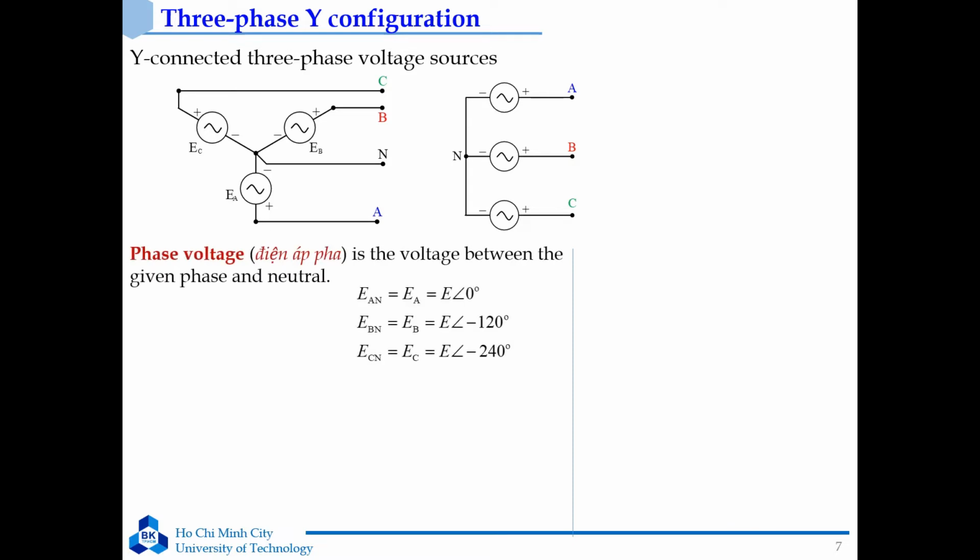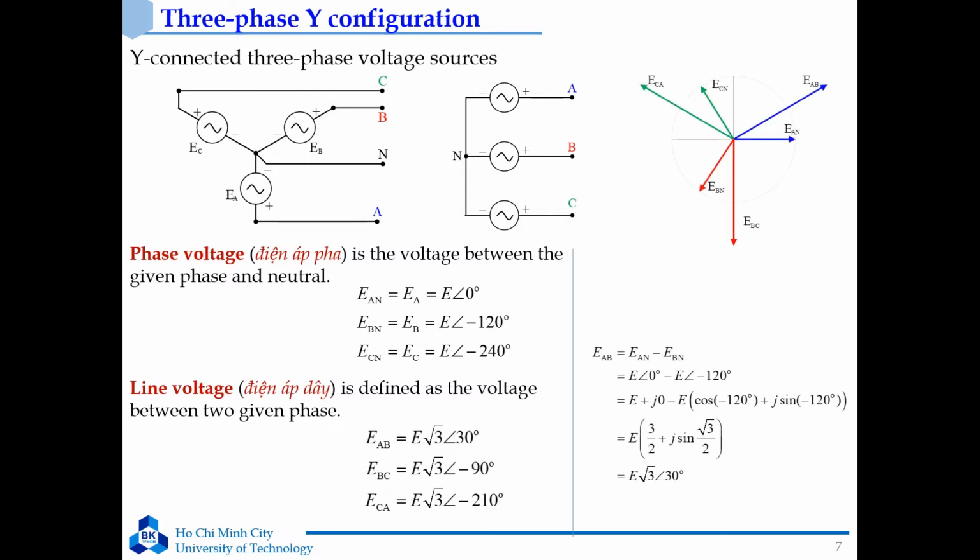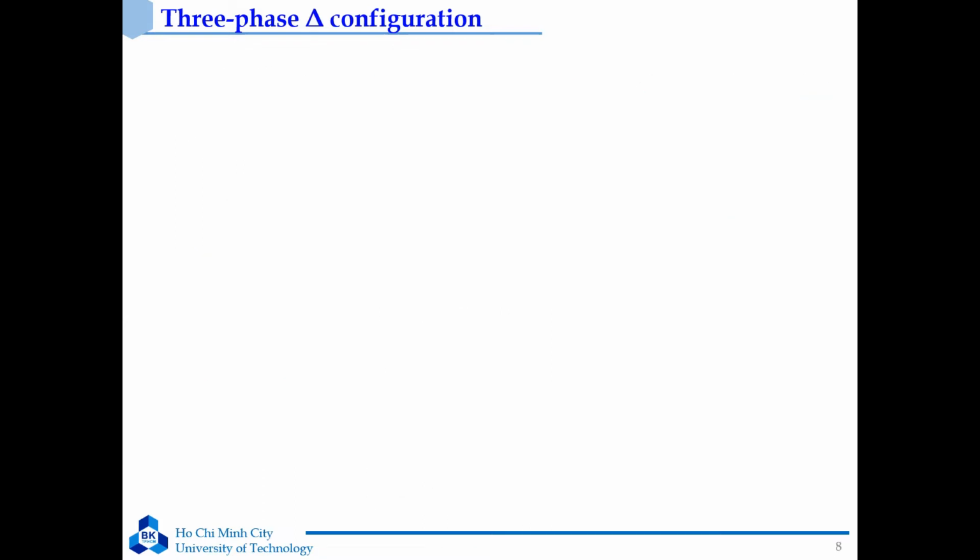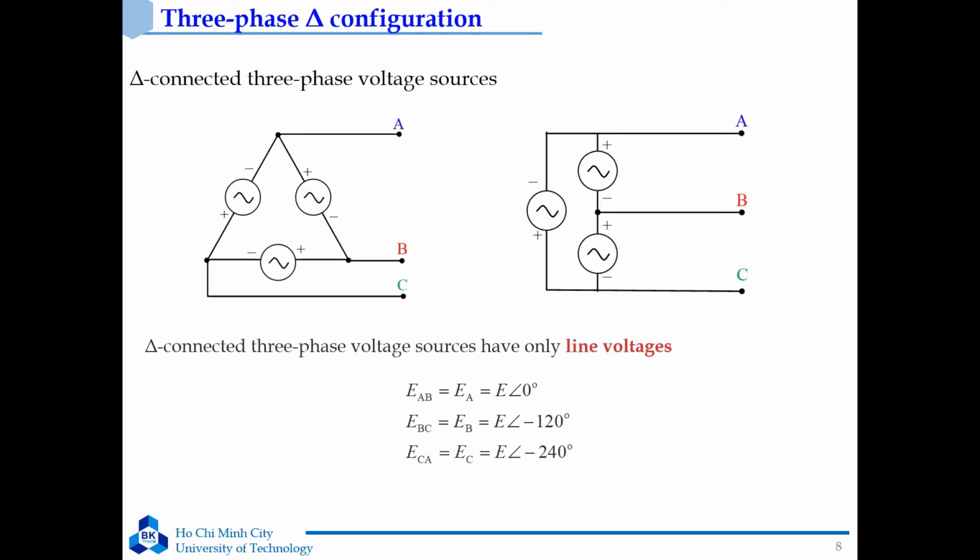You can see this formula. The second one is the line voltage. It is defined as the voltage between two phases. For the delta configuration, we don't have the phase voltage, we only have the line voltage, shown in this formula. And you can see in the figure the delta-connected three-phase voltage source.